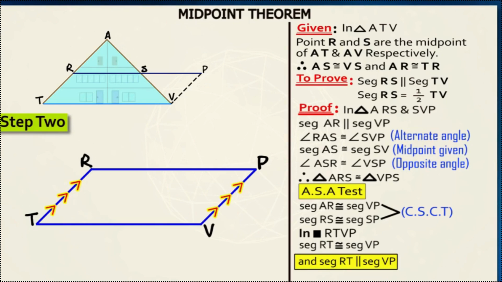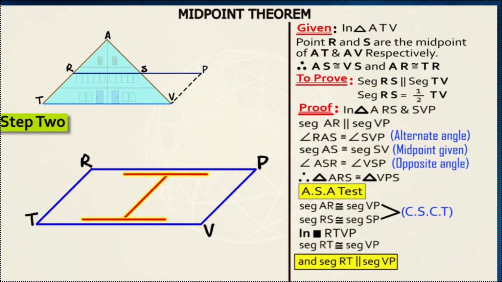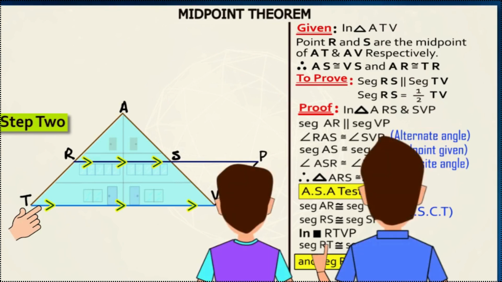So according to the property of a parallelogram, can we say that quadrilateral RTVP is a parallelogram? Yes. And friends, RP is parallel to TV because they are opposite sides of a parallelogram, right? Therefore, being part of segment RP, RS is also parallel to TV. So the first part is proved.